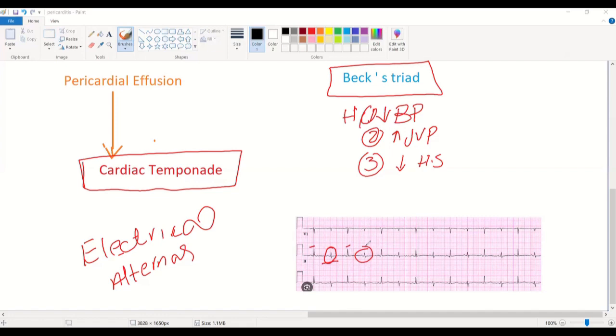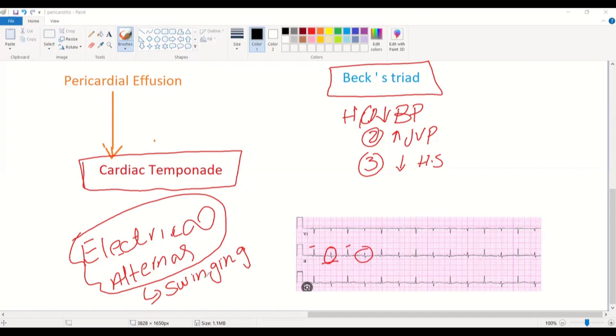So sometimes they give you this kind of scenario and ask what is the cause of electrical alternans. It is a swinging movement of the heart, very high yield.